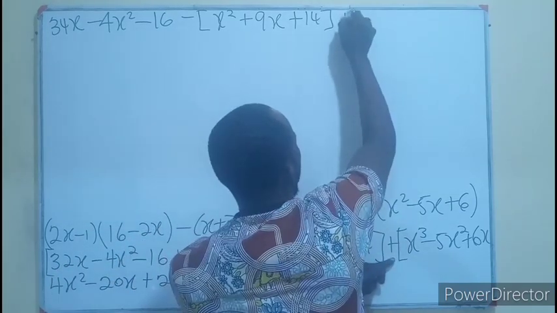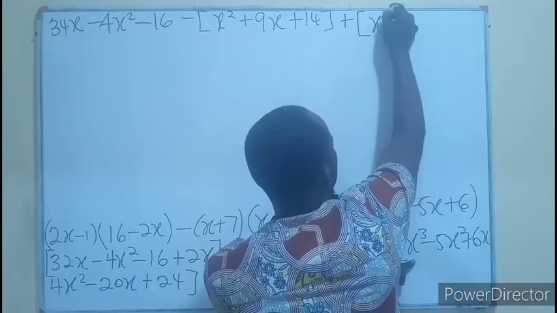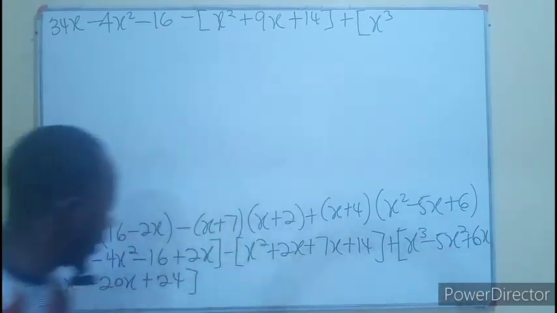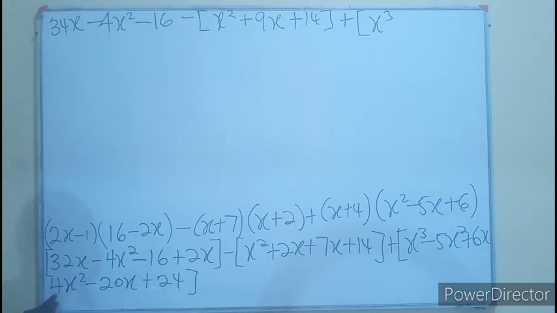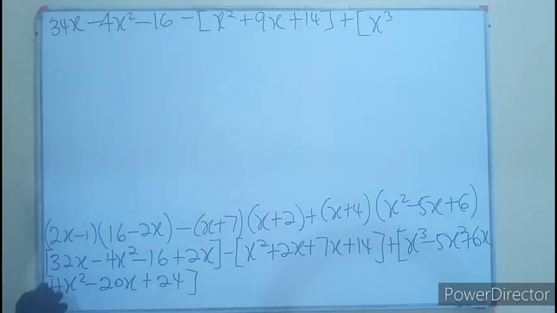Then plus in here, x to the power 3 will still maintain minus 5x squared plus what? 4x squared. I think it's plus, right? This and this will be plus. So let's have the plus there. If you're adding that, that will be giving you minus 5 plus 4.